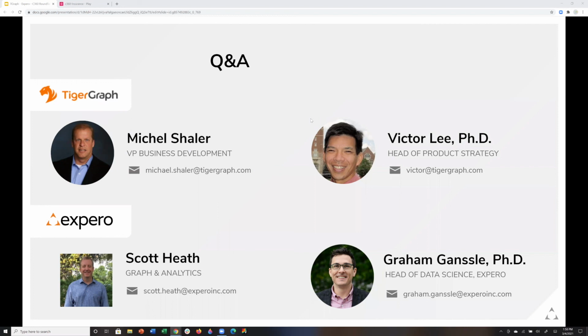How long and what would we need for a POC? Well, as Graham mentioned, it all starts with the data. As Michael mentioned, it starts with a use case. With those two things, we can basically begin to get started. There are sort of two flavors, if you will. There is the way that Victor mentioned online, where you can self-start with the TigerGraph Cloud.